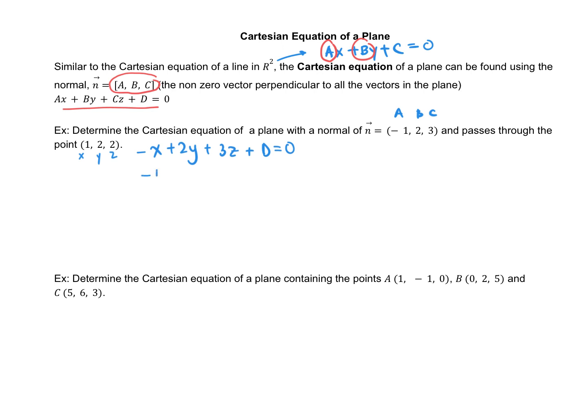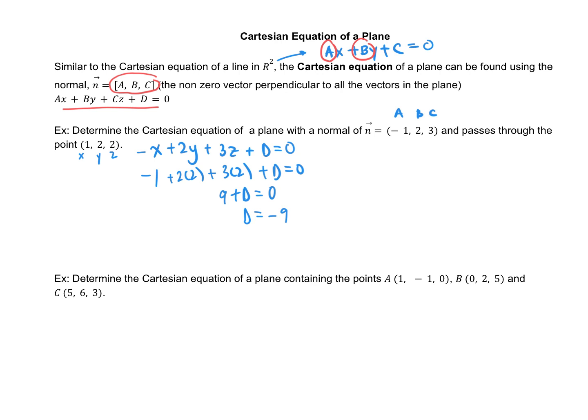So we'll have -1 plus 2 times 2 plus 3 times 2 plus d equals 0. And that's -1 plus 4 plus 6, which is 9. And when we bring the 9 over, we get -9.